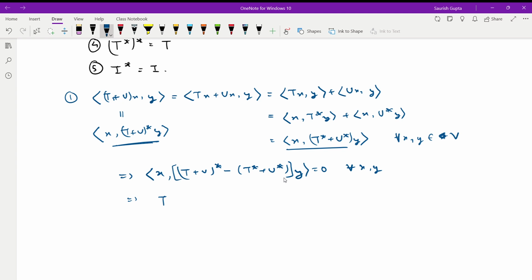The only possibility for this to be 0 is that this part equals 0. But if this part equals 0, then I have (T plus U) star equal to T star plus U star.